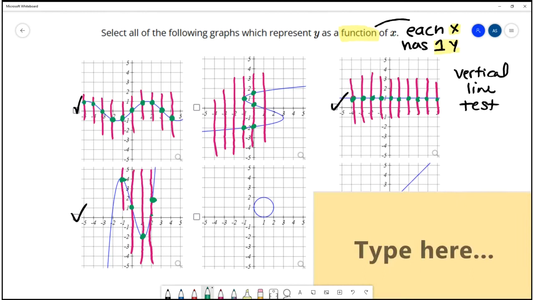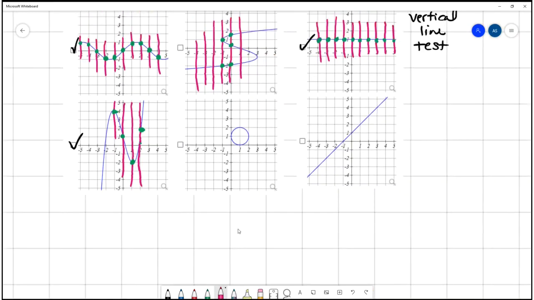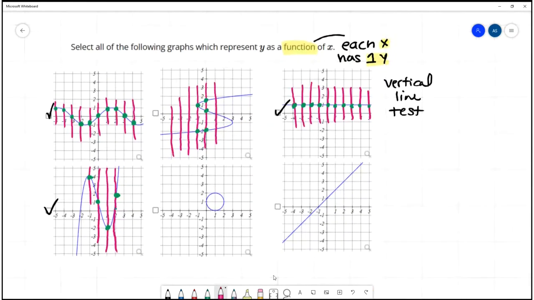On this example, when I draw a vertical line right here, it intersects the graph in two places. So I have two y values for the x, so this is not a function.